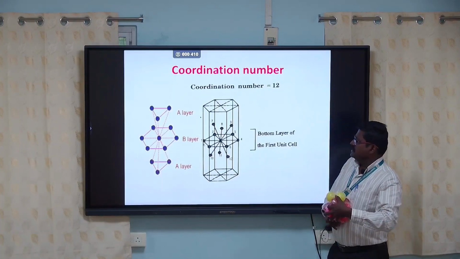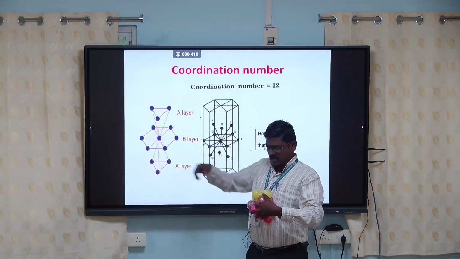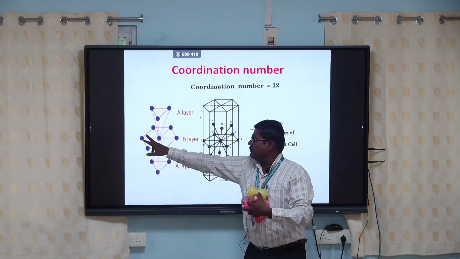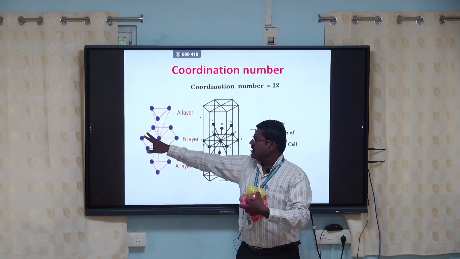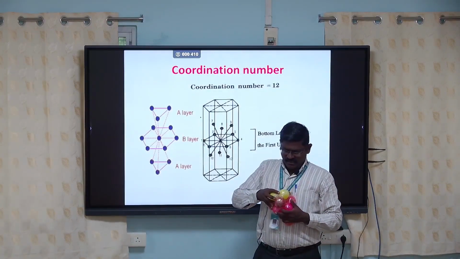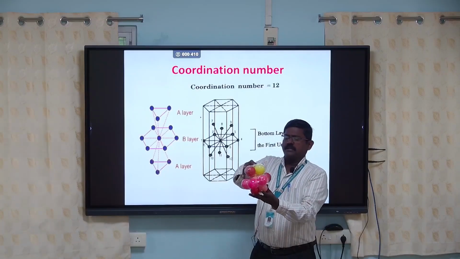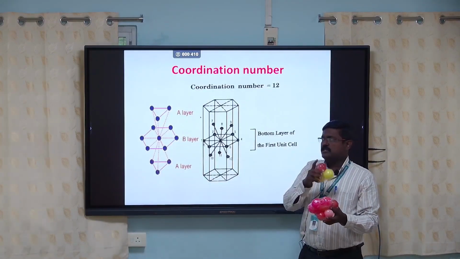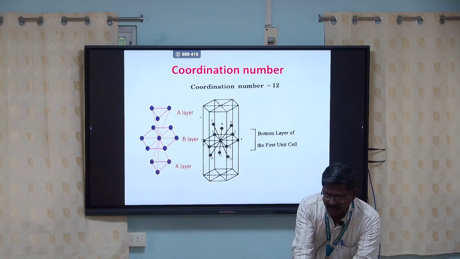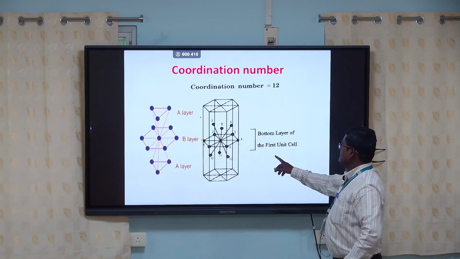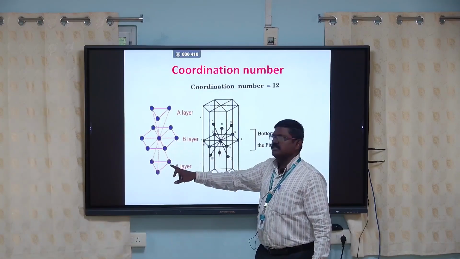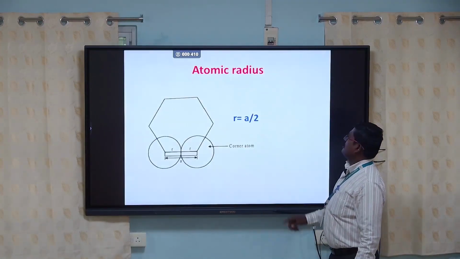So this base center atom is surrounded by 6 corner atoms, 3 body center atoms and 3 body center atoms. Totally the number of atoms around this base center atom is 12. So coordination number is 12, because 3 plus 6 plus 3. Totally we have 12 atoms.